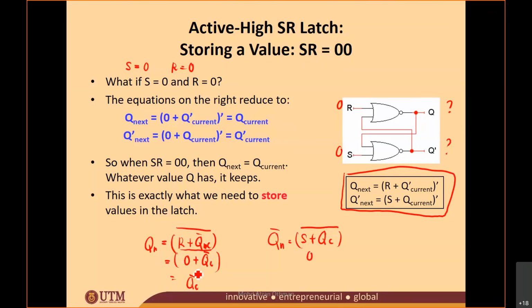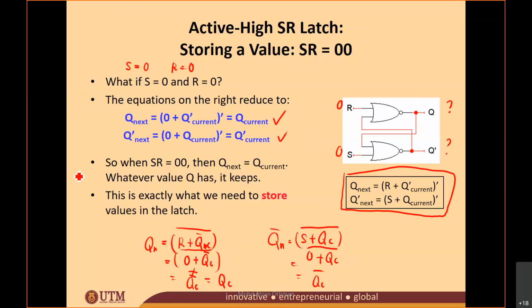And then you have a bar kat sini, so double bar, you can cancel this one. So Q next sama dengan Q current. Then for the second Boolean expression, kosong tambah dengan Q current, and then you have a bar, jawapannya sama dengan QC bar. So maksudnya kat sini, Q next bar equal to Q current bar.